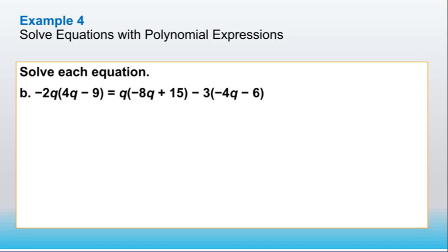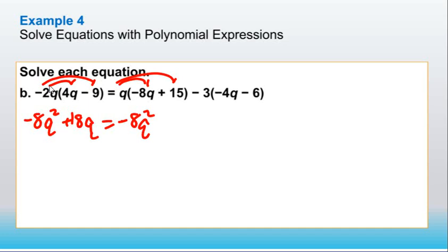Next example, going to distribute here. That gives me a negative 8q squared plus 18q equaling negative 8q squared plus 15q plus 12q plus 18. Then I combine like terms on each side. I'm going to get the q's to one side.